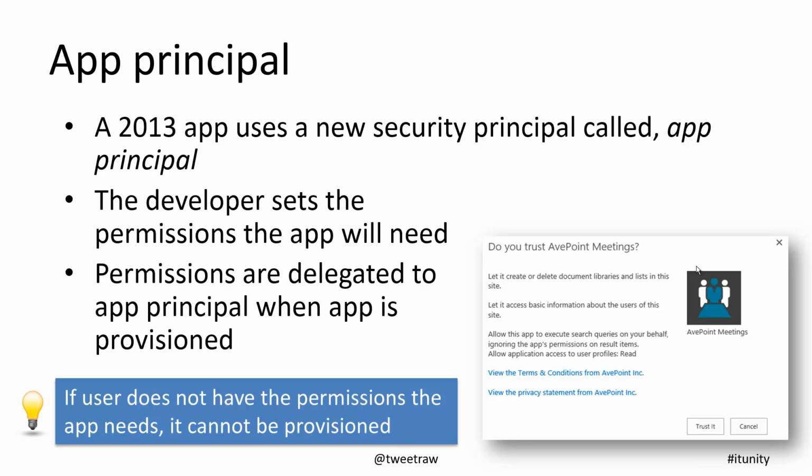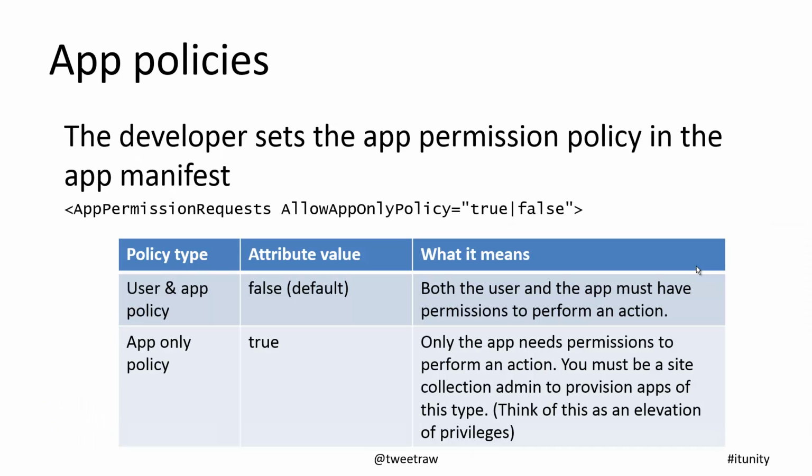And I, as a regular user, don't have permissions to grant that access. Well, if I don't have permissions myself to do something, I cannot grant that access to the application, or in this case, the App Principal. So it's a key point: at no point can a user grant this new App Principal permissions greater than what he or she currently has. It will fail.